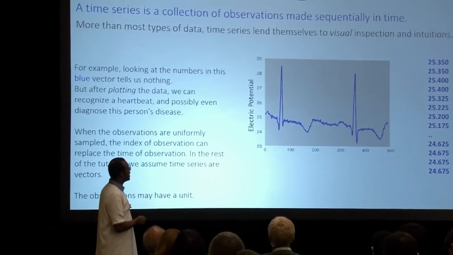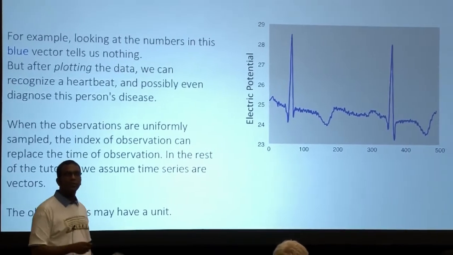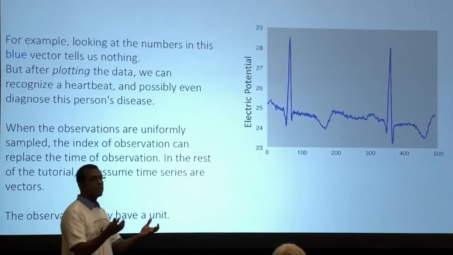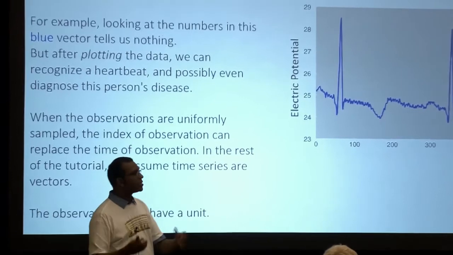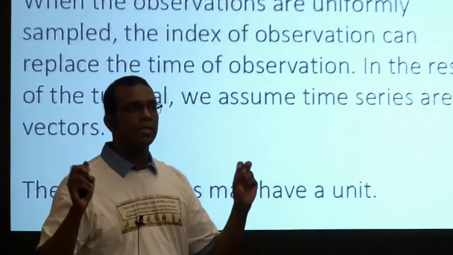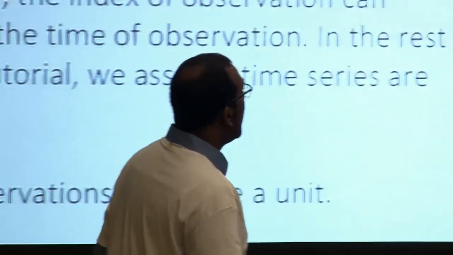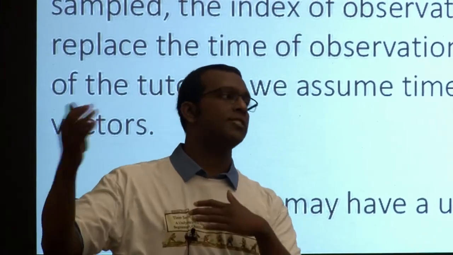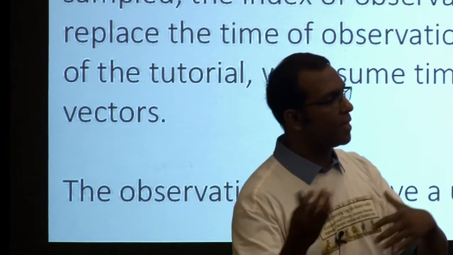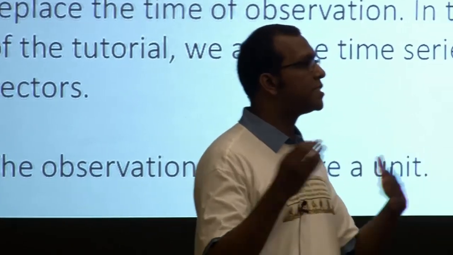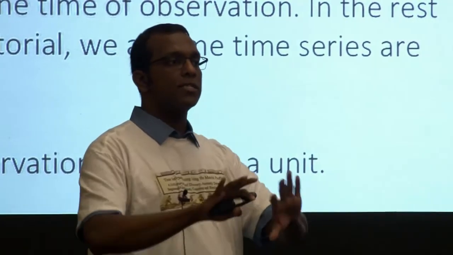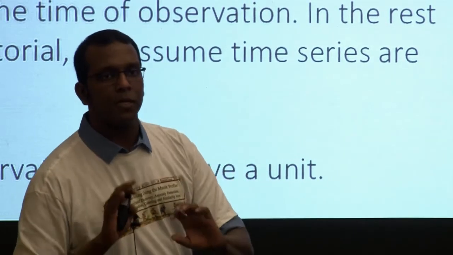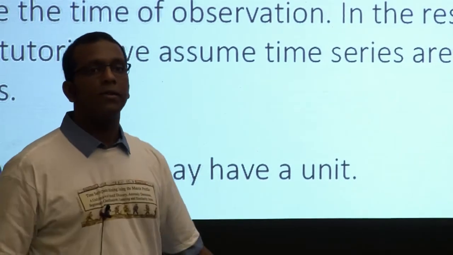And that's what we have here. In the y-axis, you have some values which possibly have units, and in this case it is some electrical potential. If you think about sparse time series, missing value time series, or different scaling, for now let's exclude them from consideration and just focus on real valued vectors.